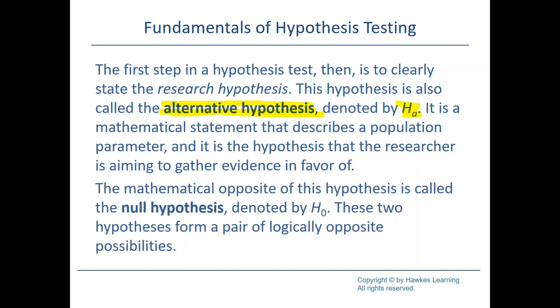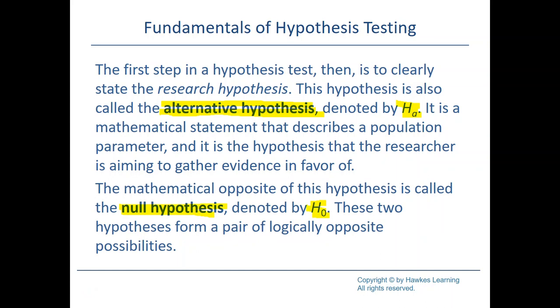Now, the other one is called a null hypothesis. Now, the null hypothesis, again, has its own notation. Notice it looks very, very similar, but with this one, it's called H null or H sub naught. Either way, I've heard it both directions.